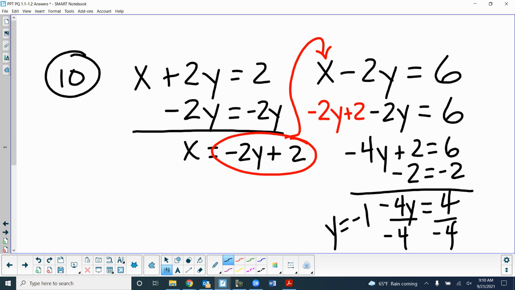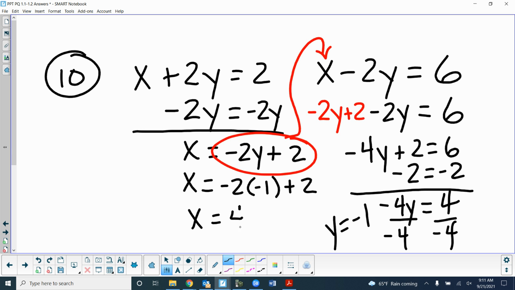Am I finished? No. Remember, you need an x value and a y value. So Caitlin, what did you get for x? Jude, that's correct. So I just put it in this one. X equals negative 2 times negative 1 plus 2. And negative 2 times negative 1 is a positive 2.